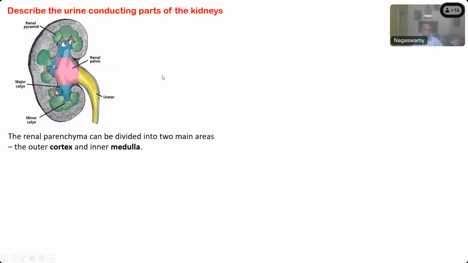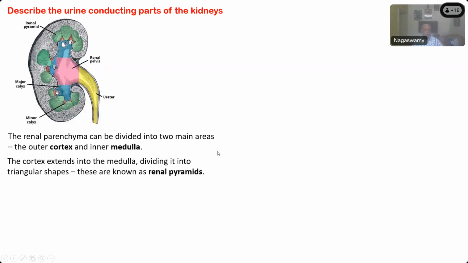So if you describe that, the renal parenchyma is divided into two main areas, the outer cortex and inner medulla. The cortex extends into the medulla, dividing it into triangular shapes. These are known as renal pyramids. And the apex of the renal pyramid is called the renal papilla.